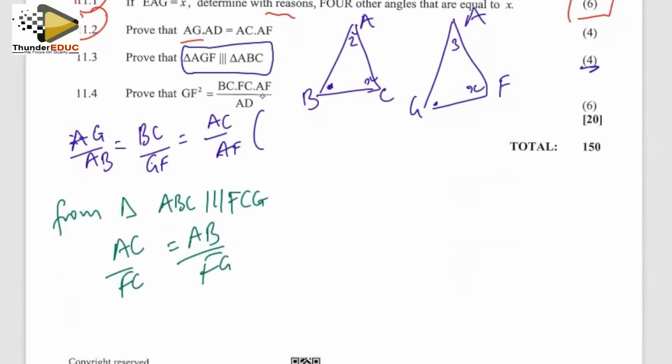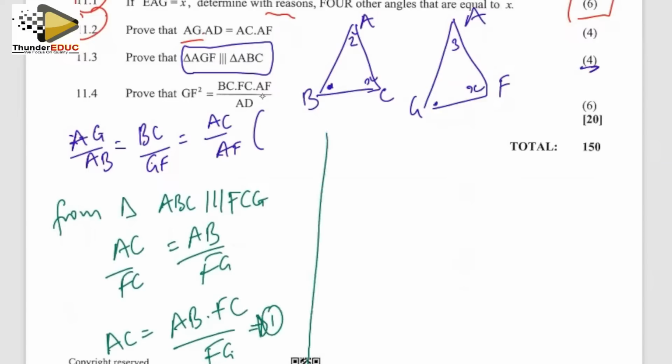I can make AC the subject at this level, and then I'll have AB times FC over FG. I can call this my equation number 1, or just the starting step.